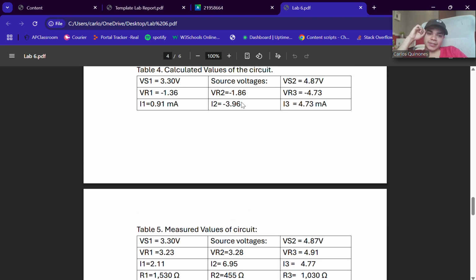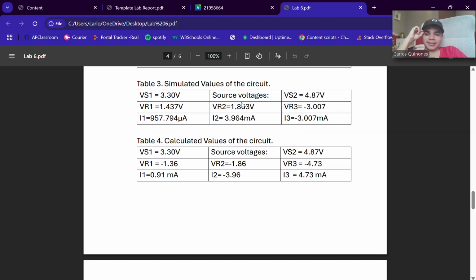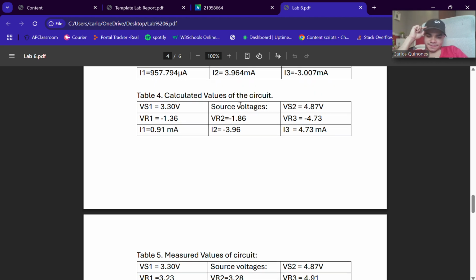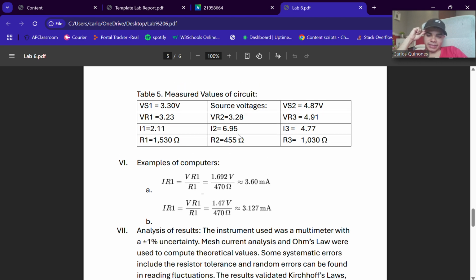The measured differs a lot more from the calculated, as does the simulation. This can be attributed to my human error as an experimenter, either lack of proper connections in the breadboard or lack of proper use of the multimeter. These are some examples of the computations done.